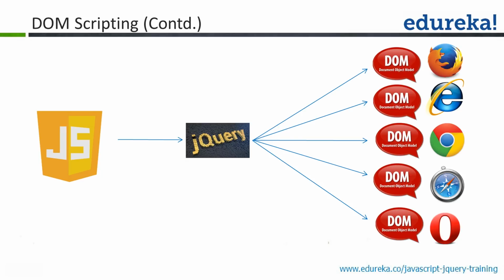So think of jQuery like a manager who knows each of the workers. So if these are my friends, he knows the behavior of each and every friend. He knows Firefox requires more directions than Chrome, or Chrome is a bit slower than Internet Explorer, or Internet Explorer needs to be given the instructions slowly. Now, these are not the actual differences, but I'm just giving you an example.